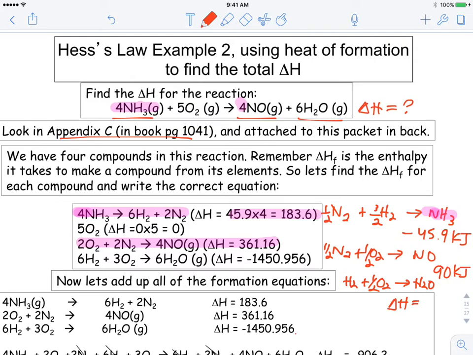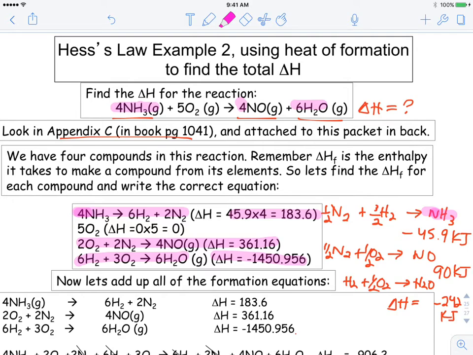The delta H for this one, if I work it out on my calculator, 1450.956 divided by 6 is about negative 242. So notice what I did for the water. The water's on the correct side, but it's multiplied by 6. So I multiply it by 6, and my delta H gets multiplied by 6.